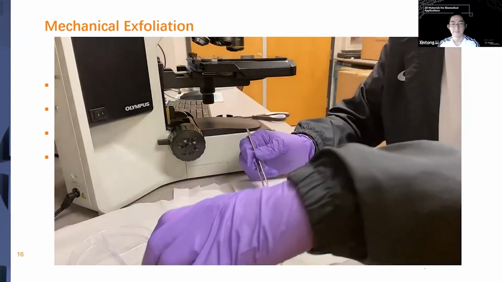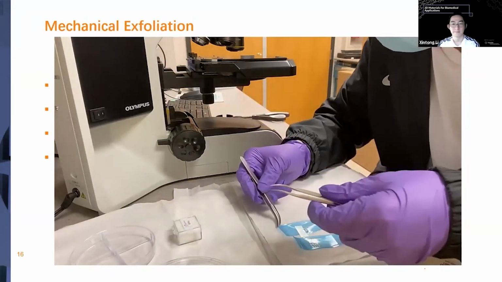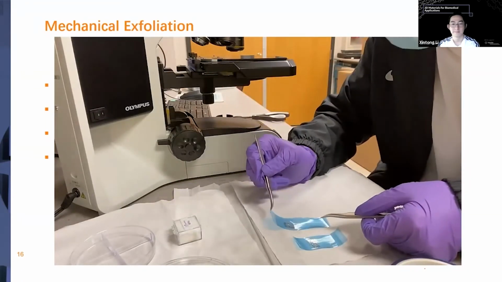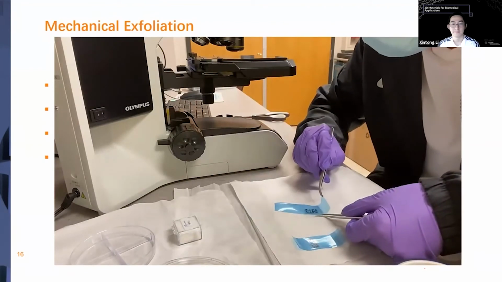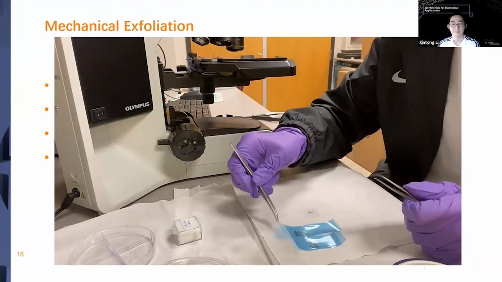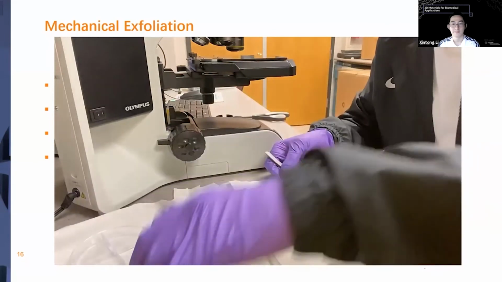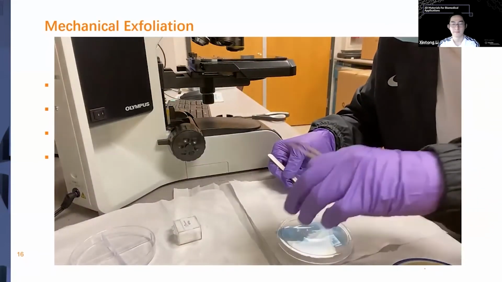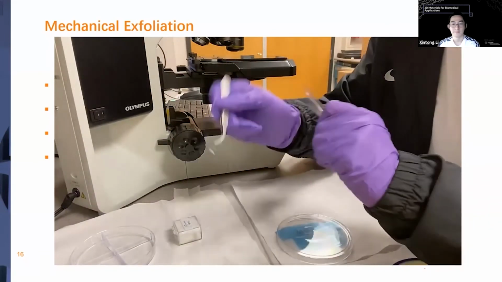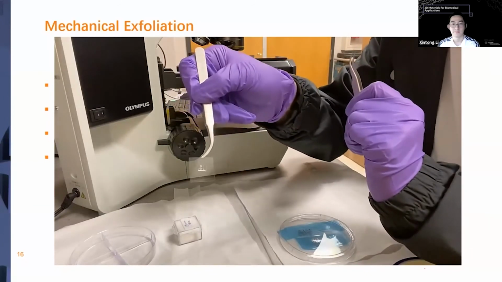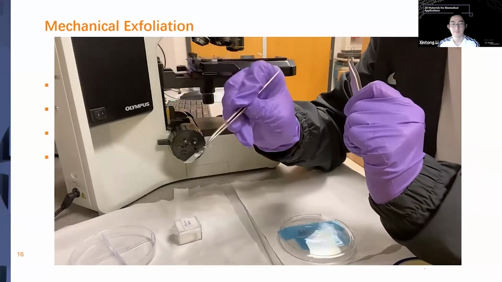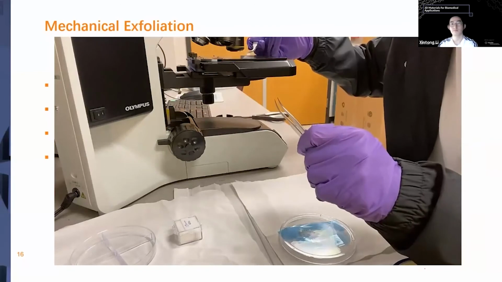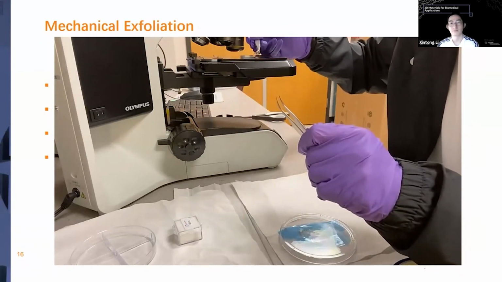Okay, now 1 minute has passed, and we're going to peel it off like this. Let's cover it to prevent contamination. Now we can see that there's something on the PDMS stamp. We're going to put it on the optical microscope and look for it.